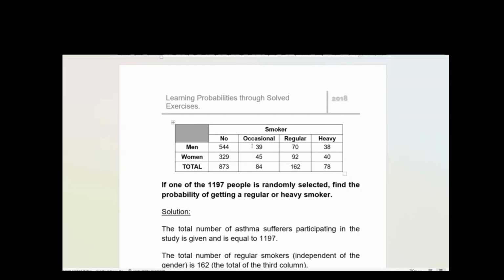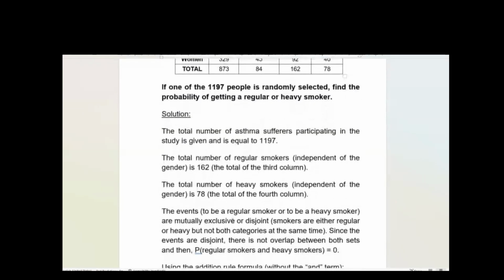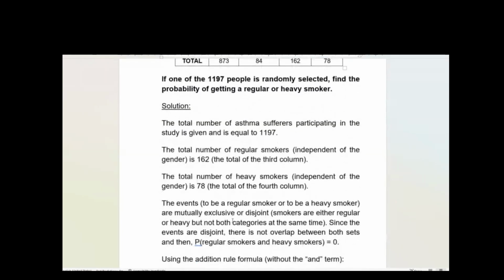So, the probability of heavy or regular. Again, the events regular and heavy are mutually exclusive. You are either a regular smoker or a heavy smoker. So the probability of regular and heavy is 0. We have a total of 1,197 people that participated in the study.